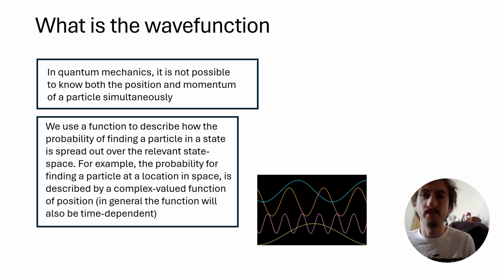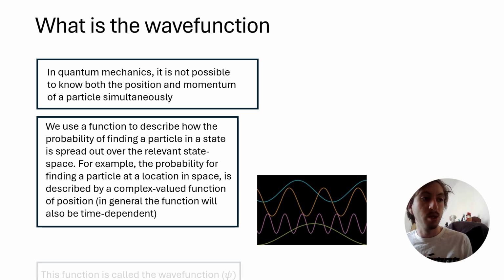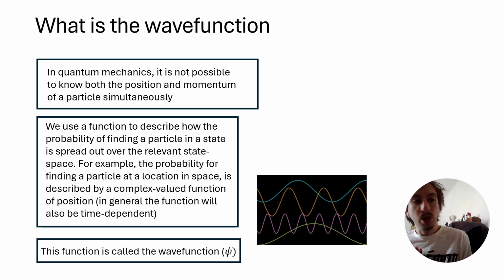It can't be, as it turns out, a real function due to Schrödinger's equation, which we'll see when we get to Schrödinger's equation at the end of this video. And usually, when describing this function, we use a trident-like symbol. It's the Greek letter psi.